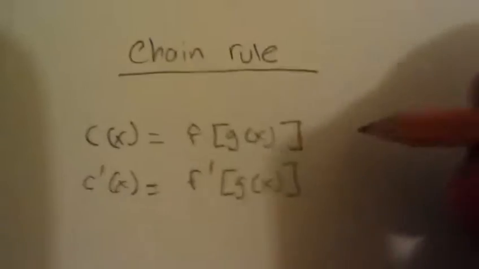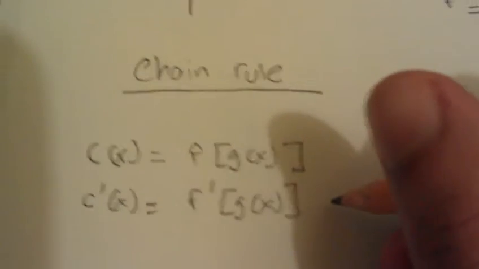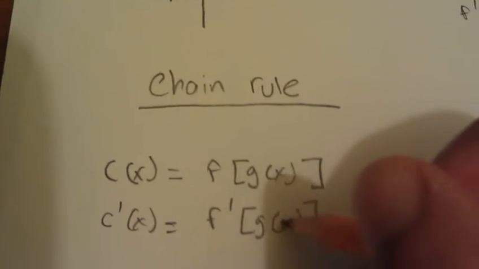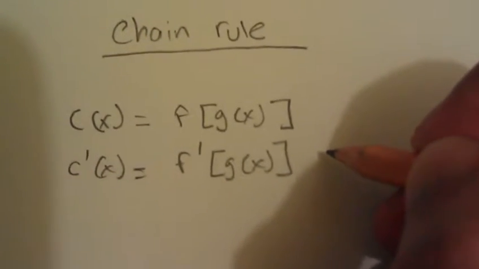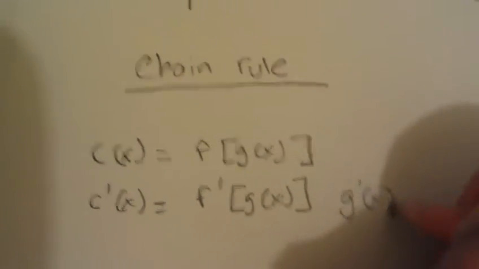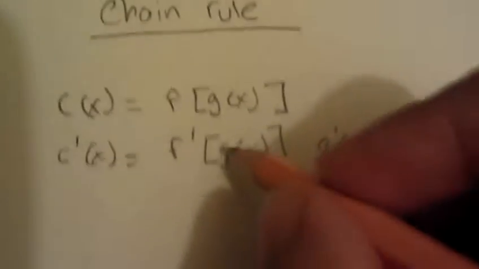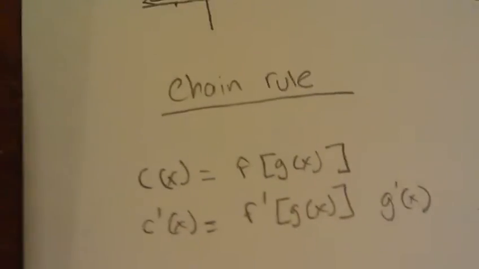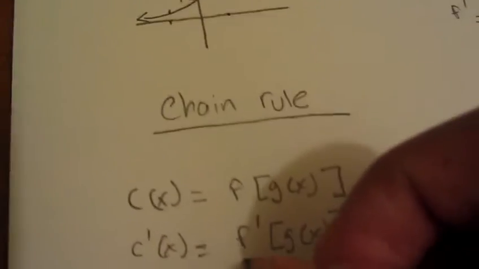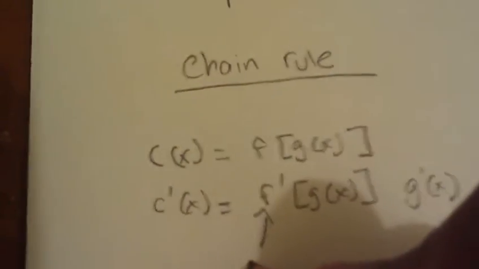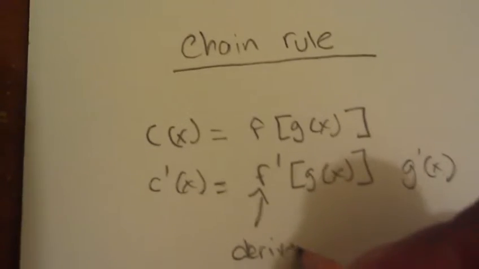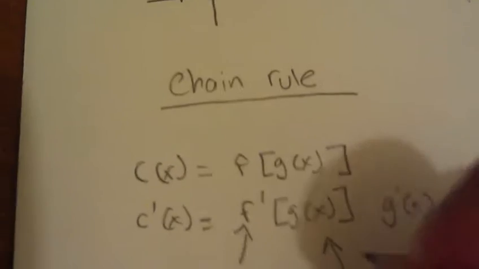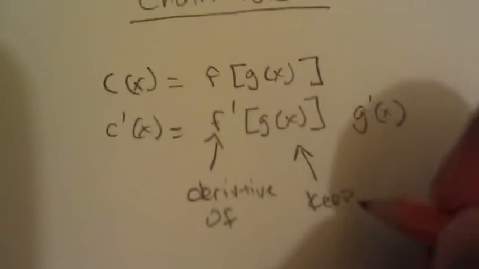The chain rule states that you then do the derivative of the inside. What you first do is take the derivative of f, then keep the inside the same as the original function.